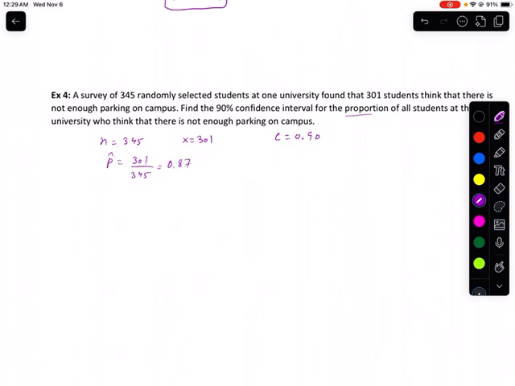Okay, so now we need to find E, but for E we need z alpha over 2. So it means alpha is 0.10, which implies z alpha over 2 is 1.645.